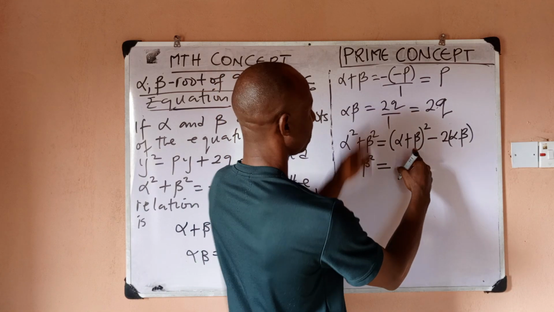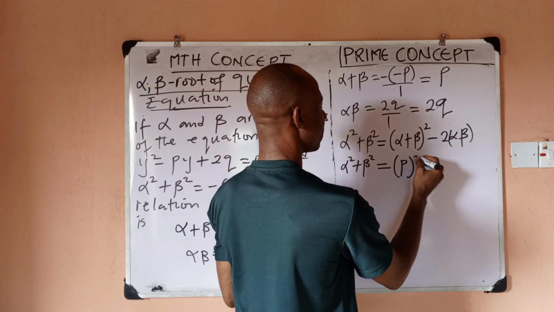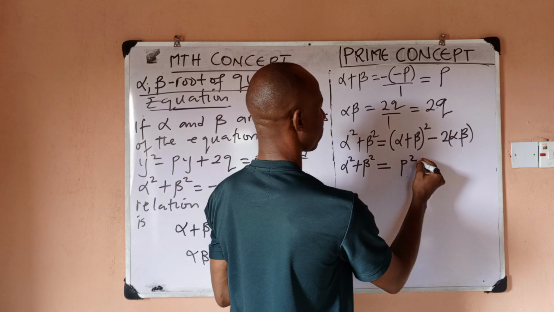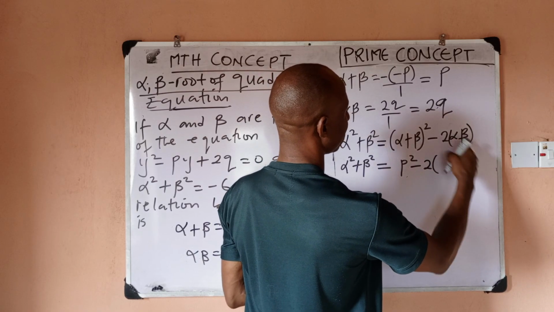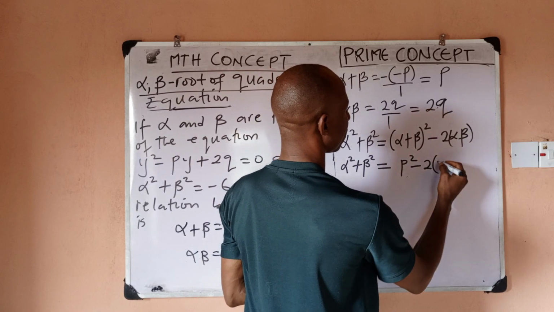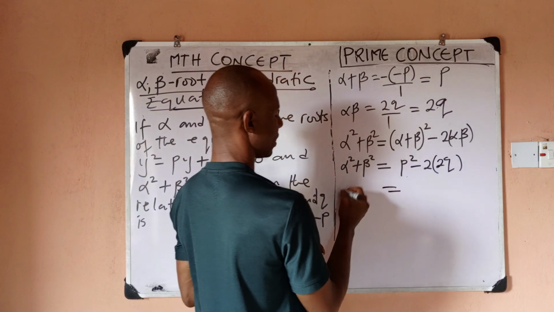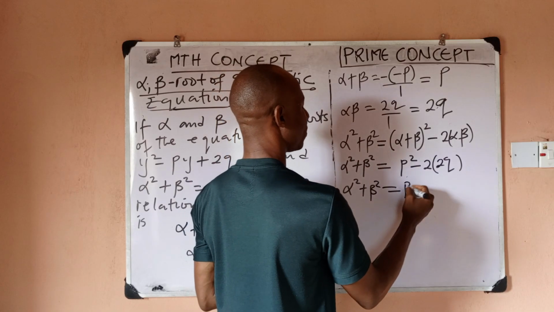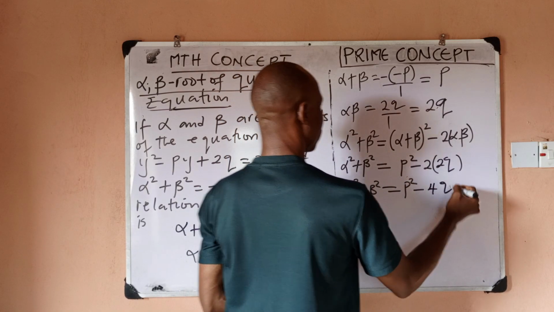What is alpha plus beta? p, all squared, or I can just say p squared, then minus 2 into alpha beta. What is alpha beta? 2q. So I'll say 2q, so that my alpha squared plus beta squared is p squared minus, this times this is 4q.